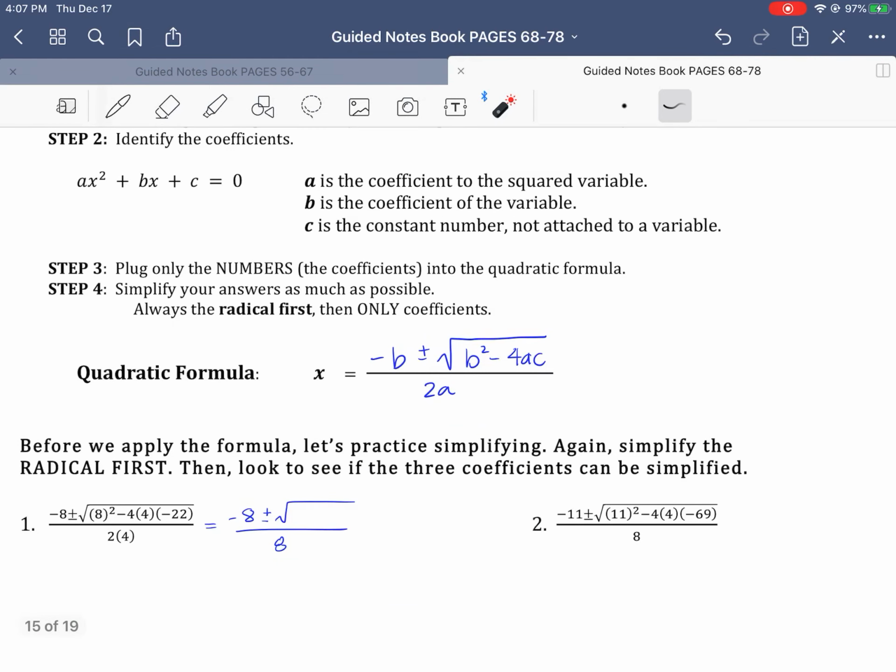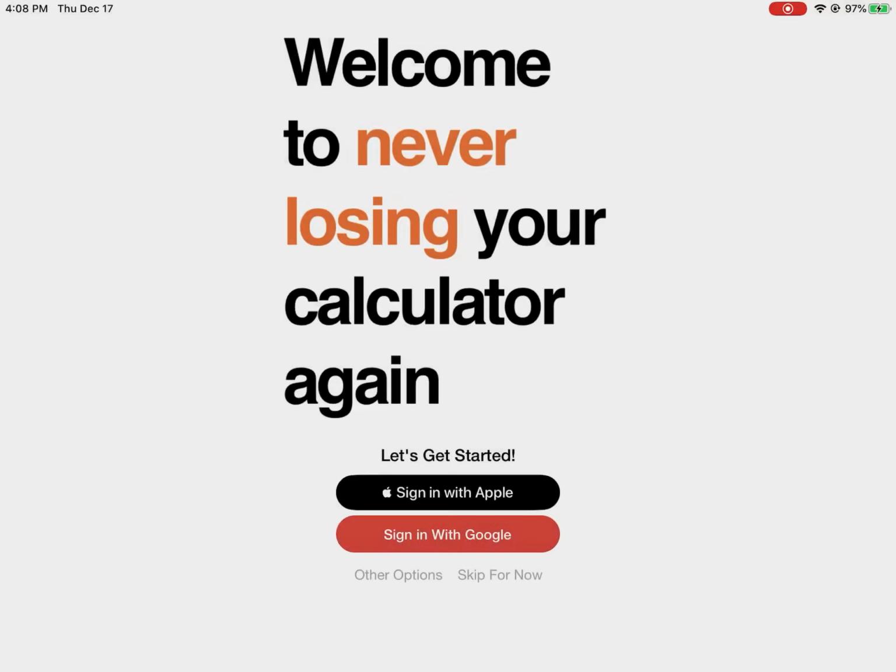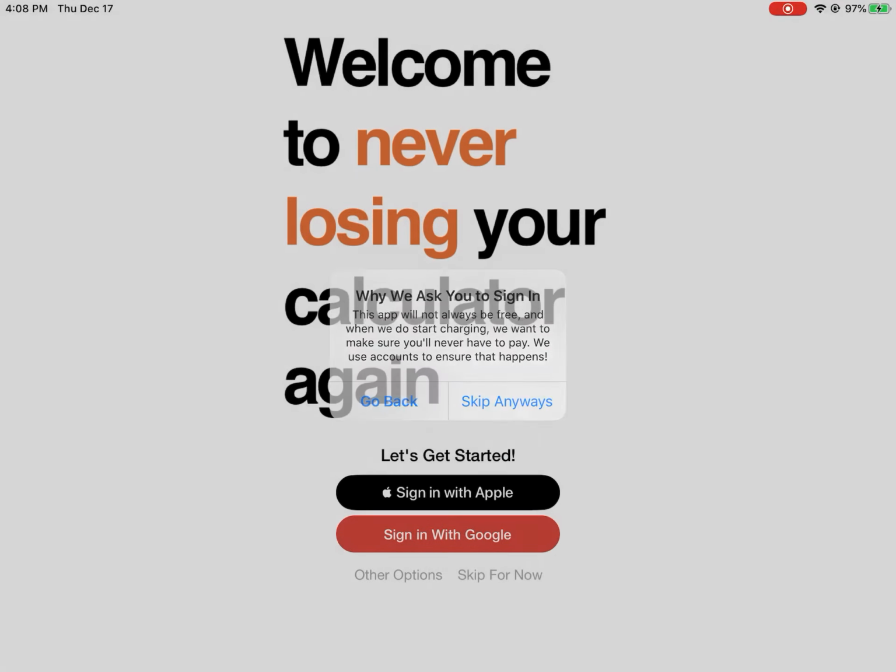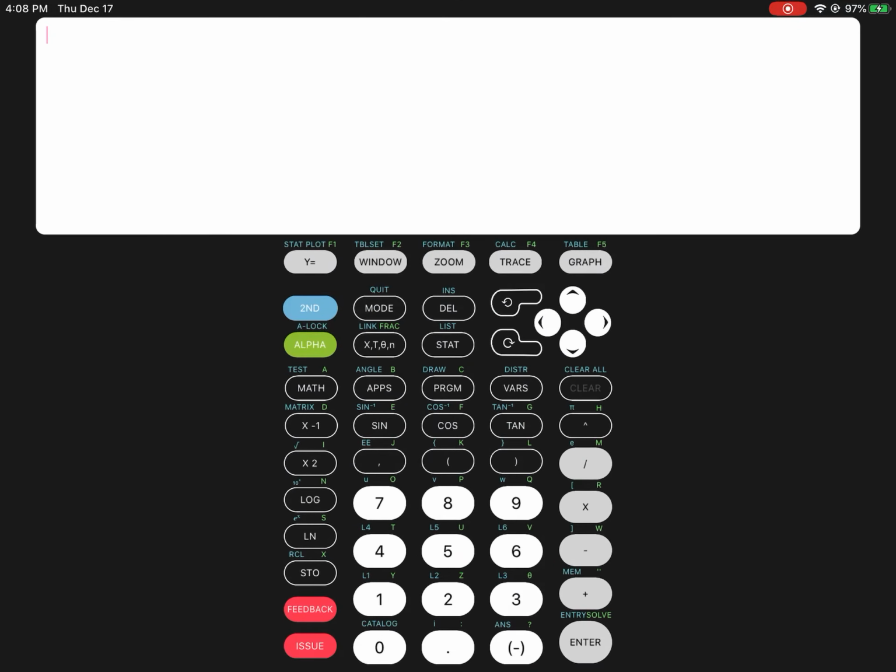So again, for the radical piece, if you put the whole radical in your calculator with everything on the inside, it will often give you a decimal. So I'm just going to put this inside part into my calculator. I'm going to pull up the calculator app and input it the same way that I see it right there. I'm going to clear this out.